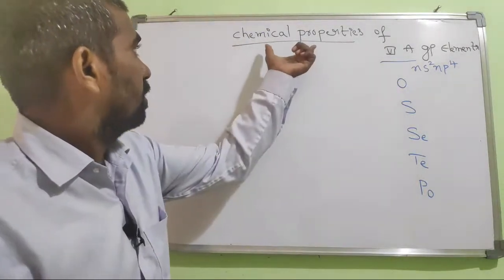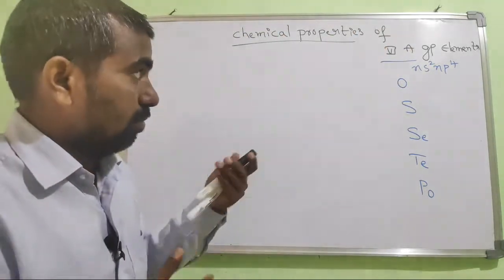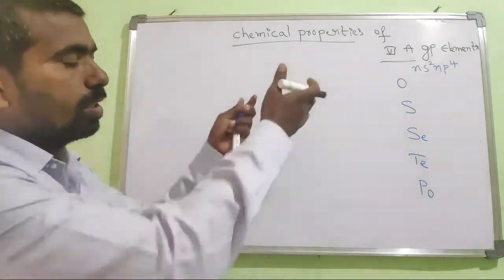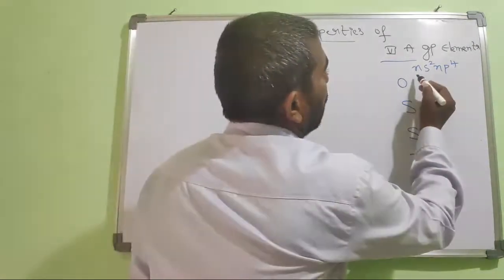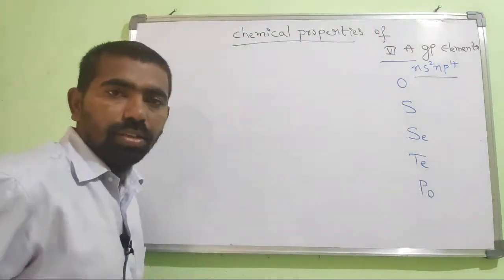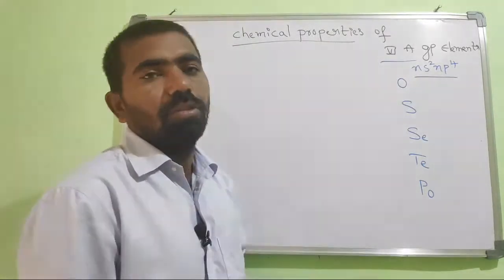Before discussing the chemical properties of these group elements, I will talk about the oxidation states of these elements. Based on this configuration, 2 plus 4, 6 electrons are there.